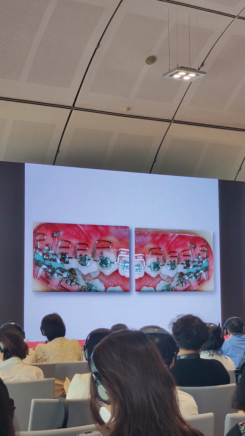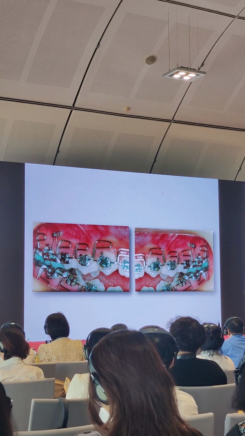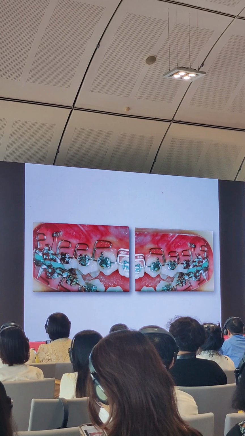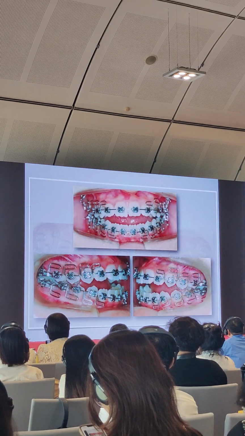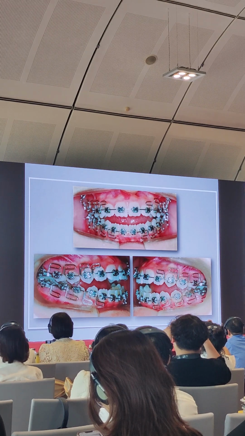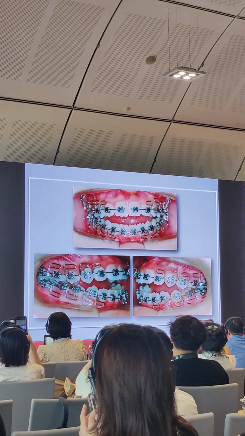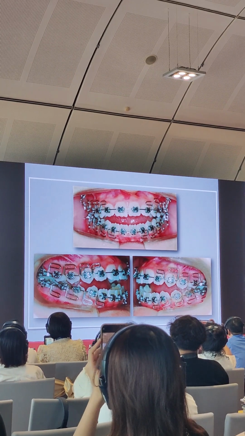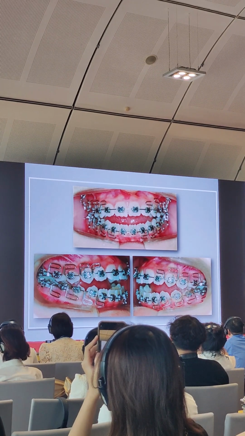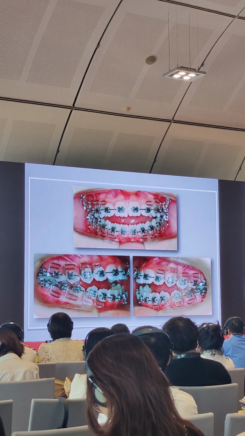I continued intruding it with either a ligature wire or elastics. When the patient came back, it did not close, because this time the patient was not wearing any elastics, even if you asked her to wear them. So I was just relying on the intrusion of my posterior segment with the help of the mini implant.